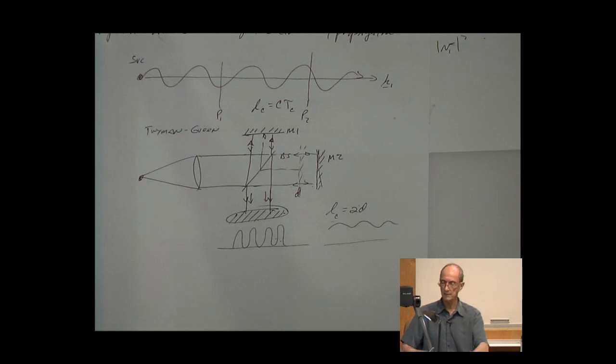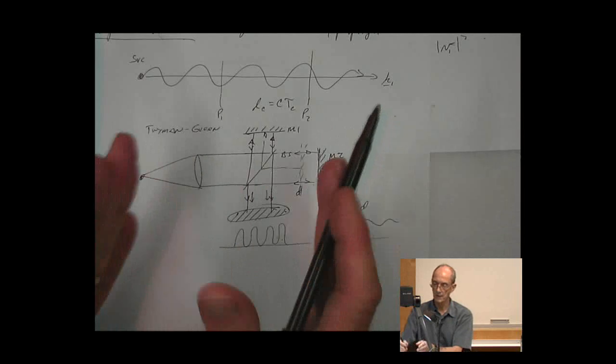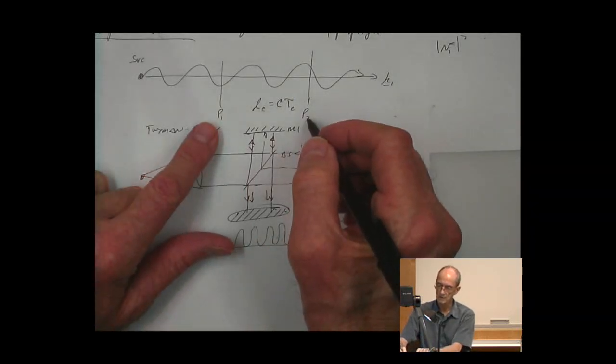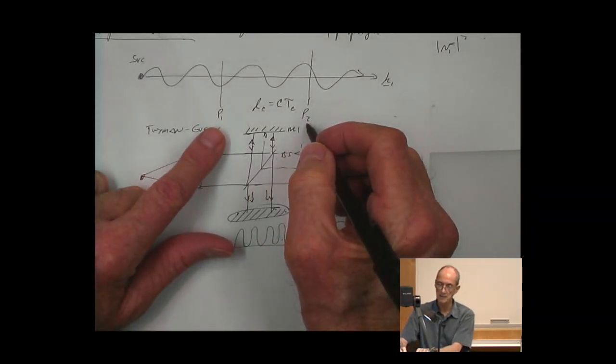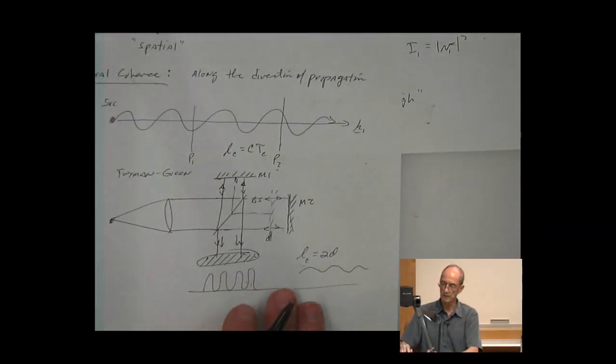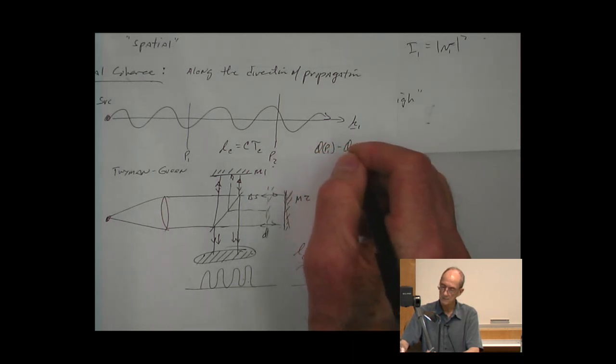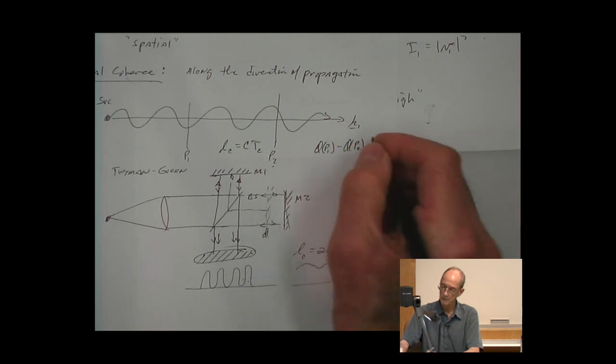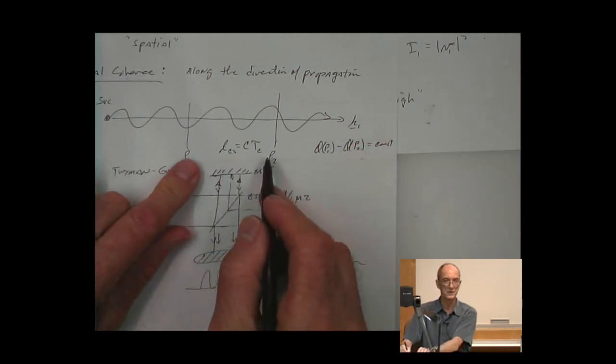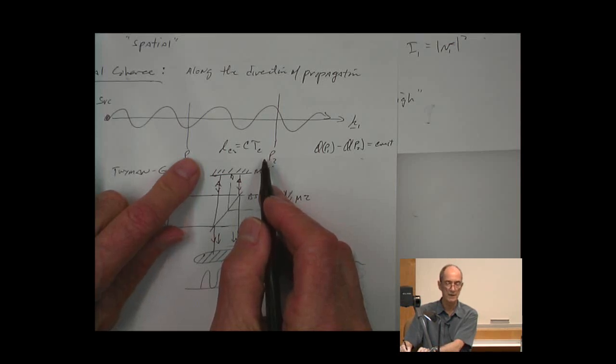So again, the temporal coherence is looking at the coherence length along the direction of propagation. So what do we mean by that coherence length really? Well, what that means is that the phase at P1 minus the phase at P2 is a constant for each separation distance that we have, okay?